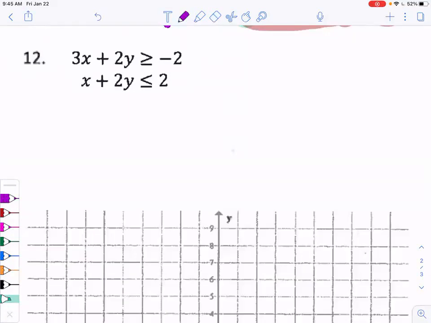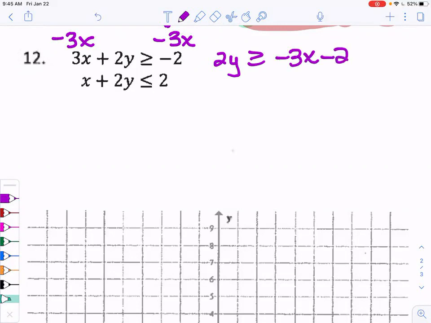These two problems do not have y by themselves, so we need to get y by itself by subtracting 3x to the other side, so that we end up with 2y greater than or equal to -3x minus 2. Remember, y equals is how we graph. And then we divide by 2 so that my y is by itself.